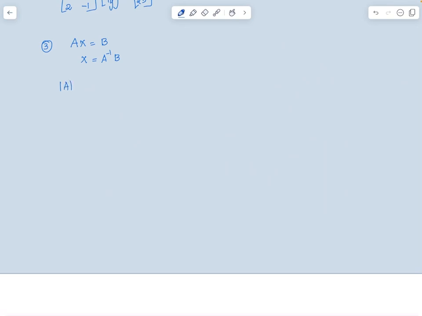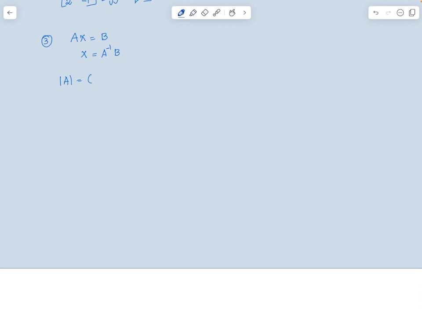Let's get the determinant value for matrix A, which is minus 3 minus minus 2, which is equal to minus 1. So this is not equal to 0. We can proceed further.